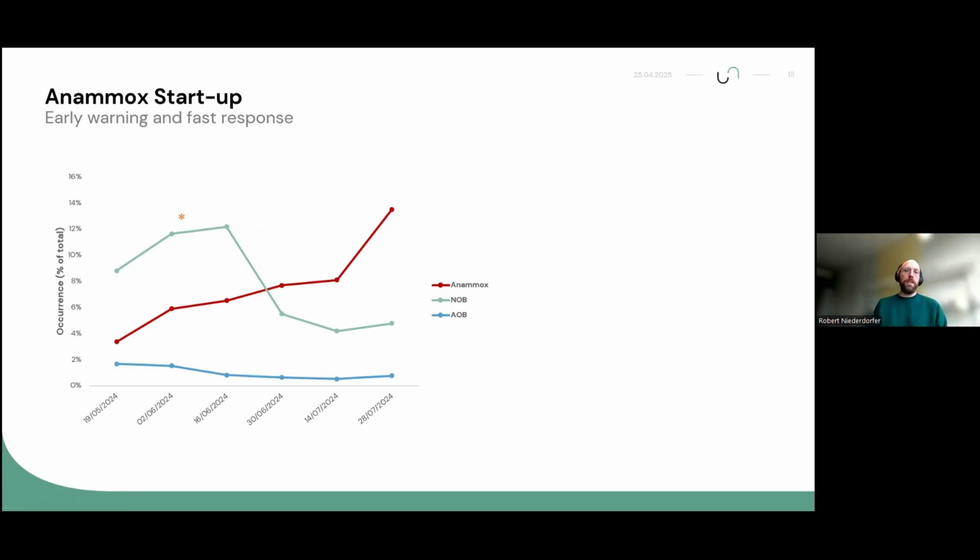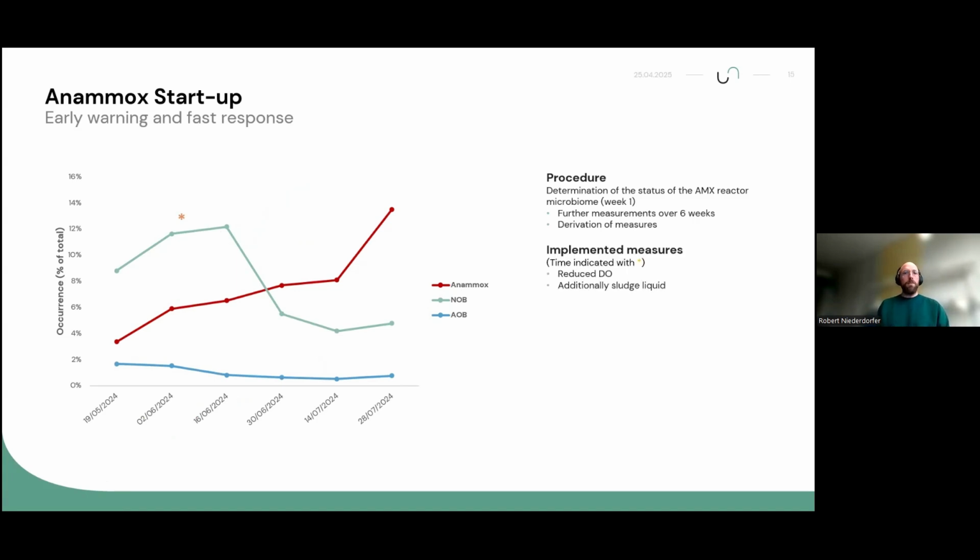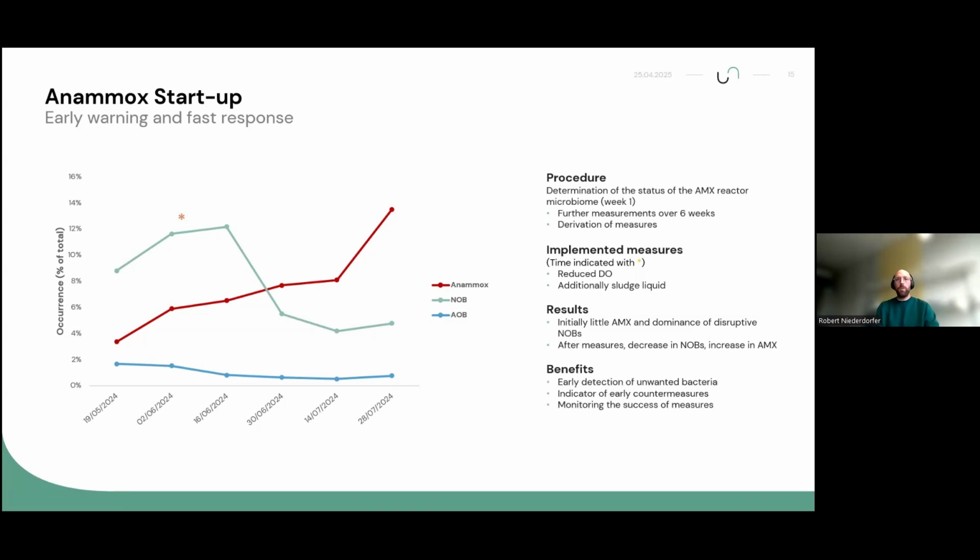So what we did again is check the system and figure out, okay, this is the problem. Then we implemented the measures: reduce DO, and additionally add sludge liquid, so there was more food available. What we managed was to get fewer NOBs, the Anammox could grow in, and the Anammox reactor really worked well now.